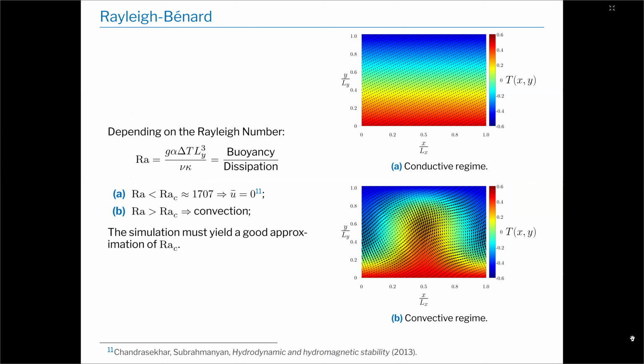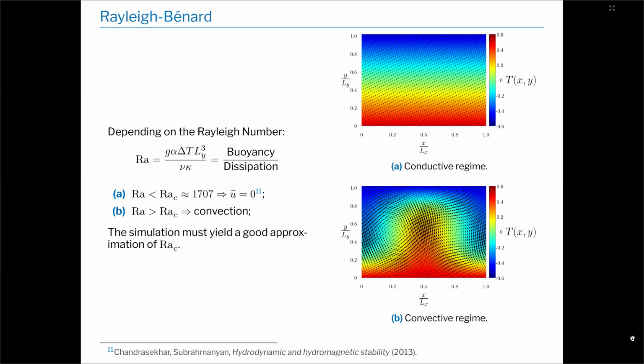And we have that for our chosen system, the critical Rayleigh number was about 1,707. Under this value, we have the conductive regime, with vanishing velocity and linear temperature gradient. While if the Rayleigh number is greater, we have the typical heat plume and the velocity vortices.